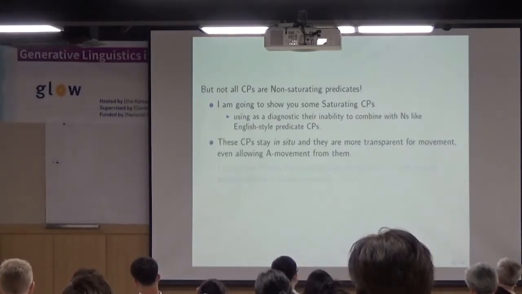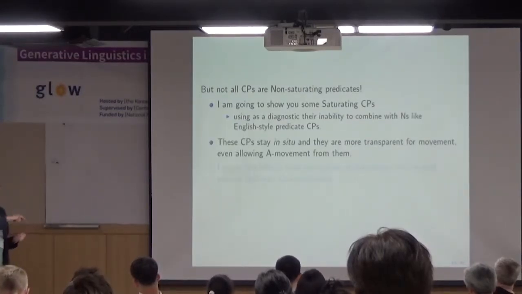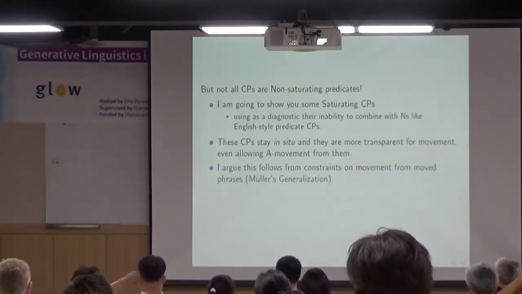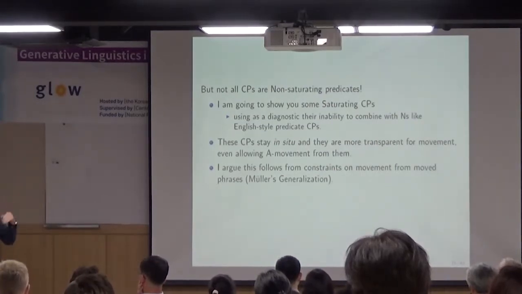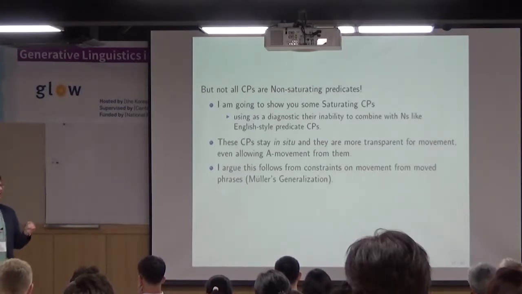We're going to see that these CPs also stay in situ, they don't extrapose, and they're more transparent for A movement. And I'm going to argue that the contrast between saturating and non-saturating CPs and the ability to A move from them is a consequence of Muller's generalization. So actually, this talk is going to be explaining why you can't hyperraise from English. That is what this talk is, not why you can hyperraise in other languages. English is the weirdo here.